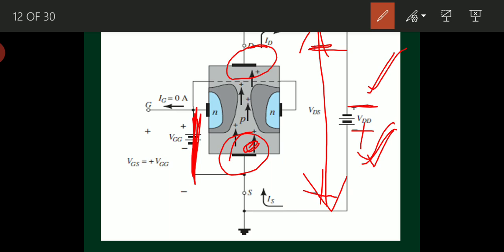Why? Because holes are moving from source to drain. That's why current is also from source to drain.